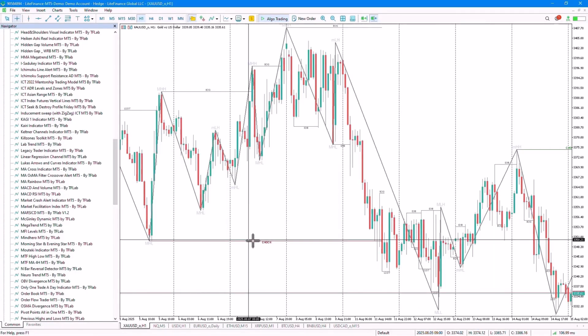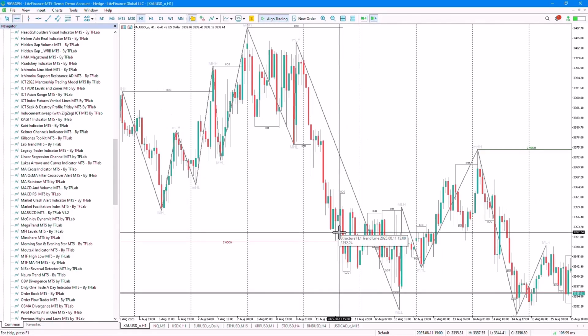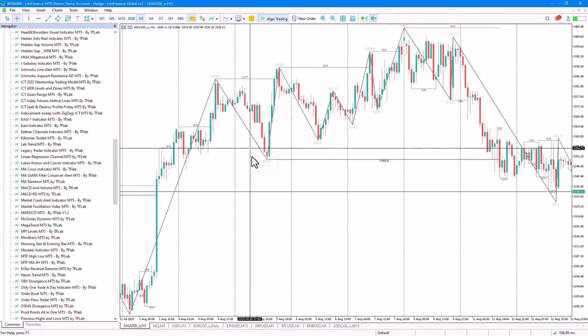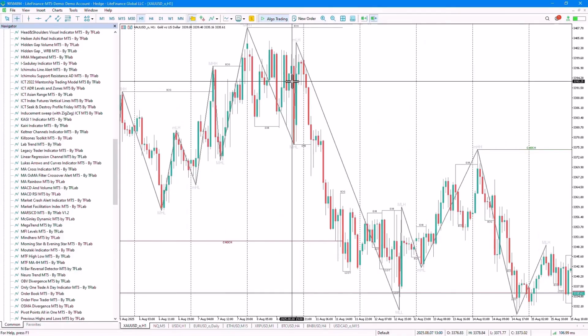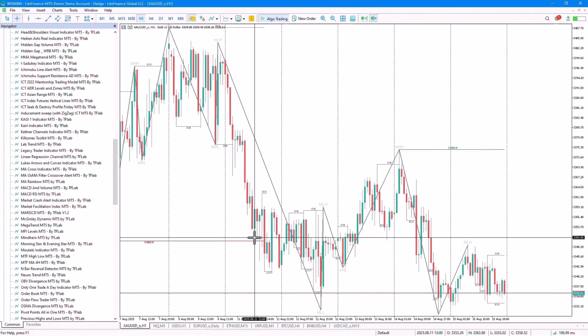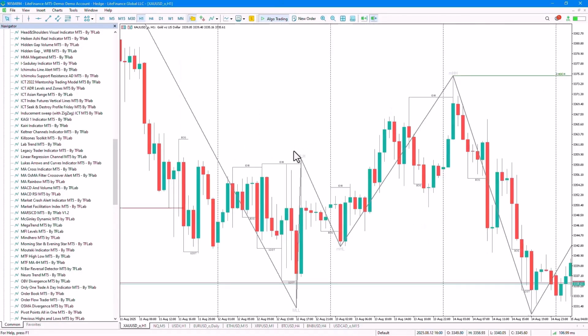The indicator has drawn a bearish CHoCH, change of character, level for us, and if the price breaks this level downwards, it indicates a shift in market structure from an uptrend to a downtrend. Here, the level has been broken to the downside and the market structure has changed from bullish to bearish.